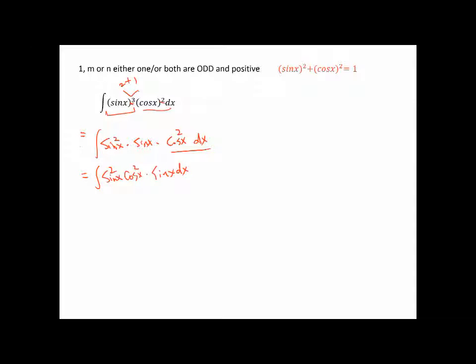This is the same, I just change the order and put the sin x back with my dx. I split it into an even number plus 1. For the 1, sin x itself, I keep it with dx. For the even number 2, sin x squared, I use my key formula. I always use this one for this question type, the positive odd number type under sin x, cosine x.